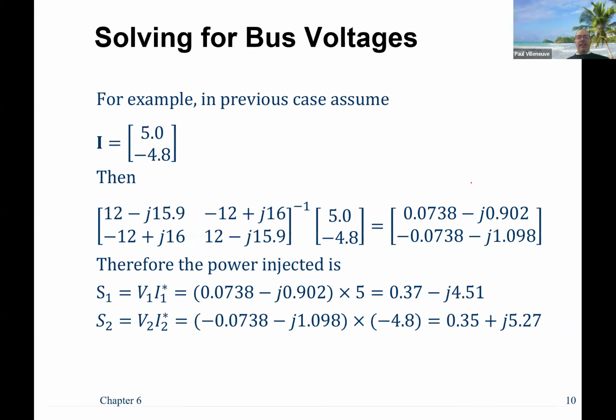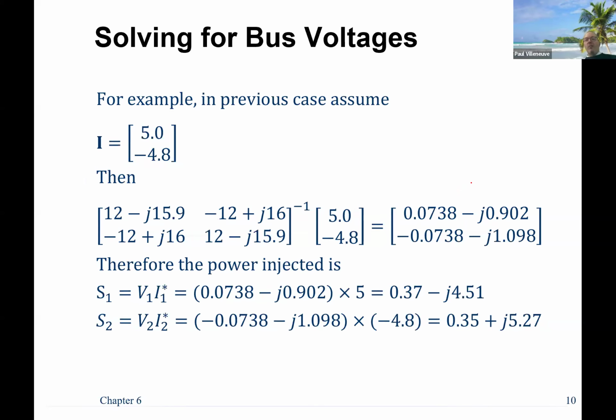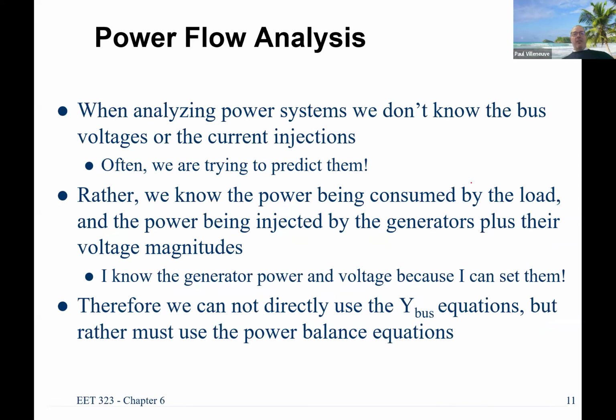So we're going to actually take that into account. Actually, let's do one more. We also can do it with current and back calculate voltages. So we can get any values we want, right? So we can see here, we get voltages. Over here, if we have a way of calculating currents, we can get voltages there. So either one will work to calculate power flows.